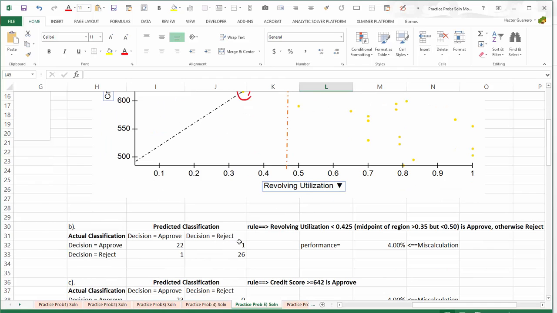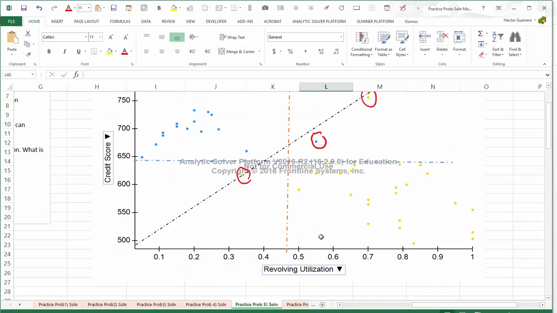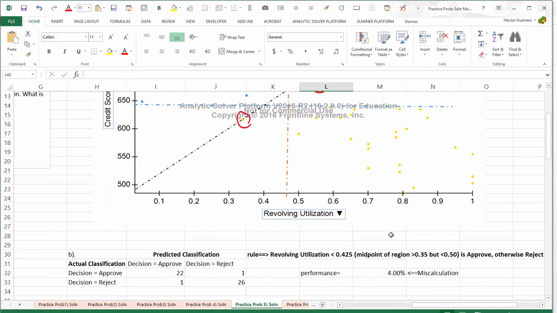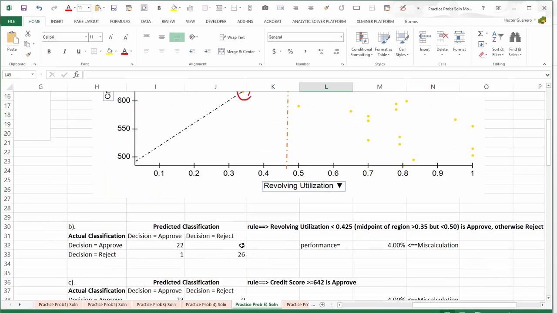For the decision to reject, there are 27 rejections, and there's only one value on this side that rejects as a result of this rule. So one approval and 26 rejects when the decision is to reject.